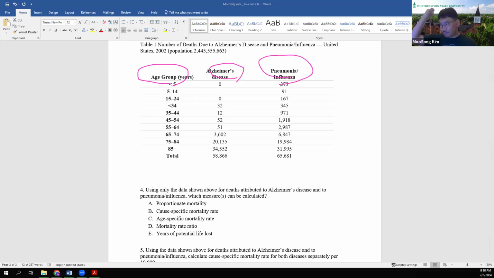Proportionate mortality rate: we need to have the number of deaths. We have the number of deaths for these diseases, but we do not have information about total deaths from all causes in this table. So we cannot use proportionate mortality.